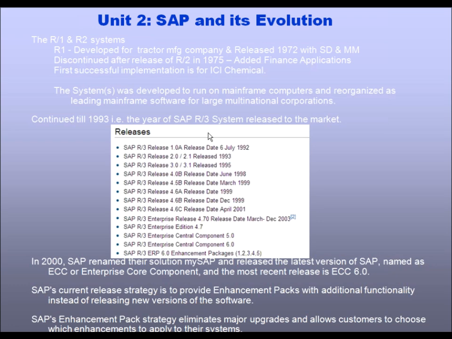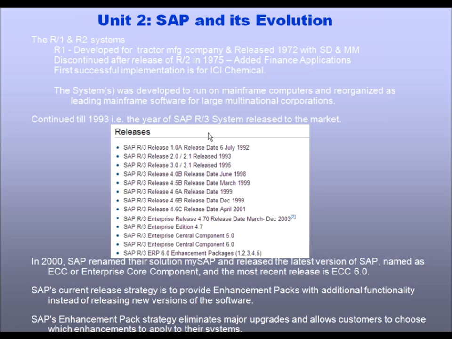At that point they had financial applications, sales and distribution, and inventory management applications. In 1975, SAP R2 was implemented for an American chemical manufacturing company called ICI Chemicals. So the first successful SAP implementation was for ICI Chemicals.